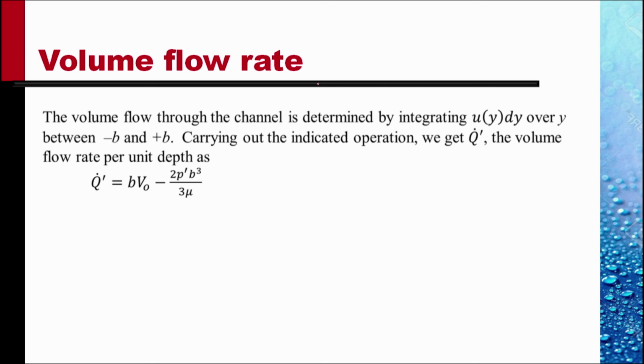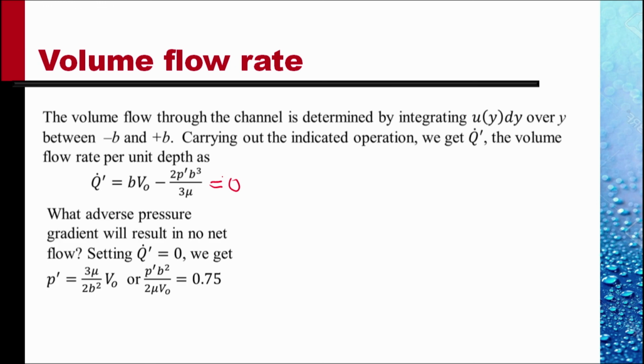Obviously, this kind of expression raises the possibility that there exists a value of V naught and P prime such that there is no net flow across the channel. These can be equated to 0, and then we can determine the value of P prime as 3 mu by twice b square V naught, for which the net volume flow rate would be 0.